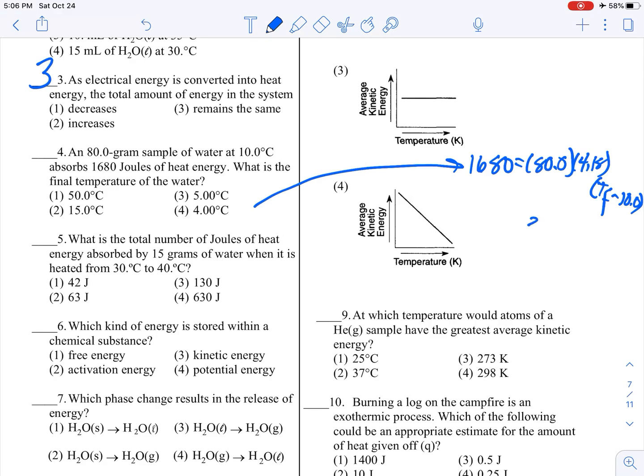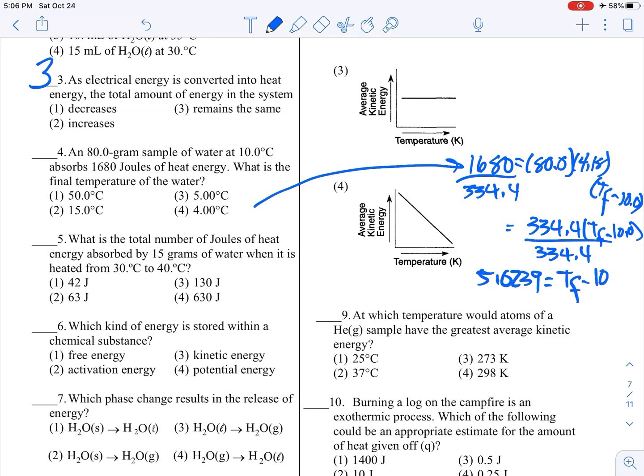It's going to be 334.4 times the quantity TF minus 10 equals 1680. Divide both sides by 334.4. So 1680 divided by 334.4, and you're going to get 5.02, a whole bunch of stuff, equals TF minus 10.